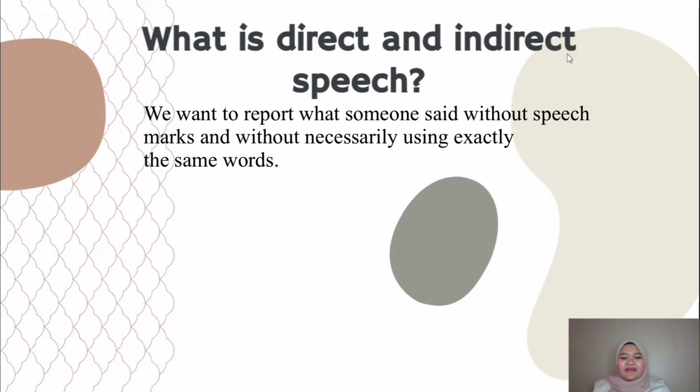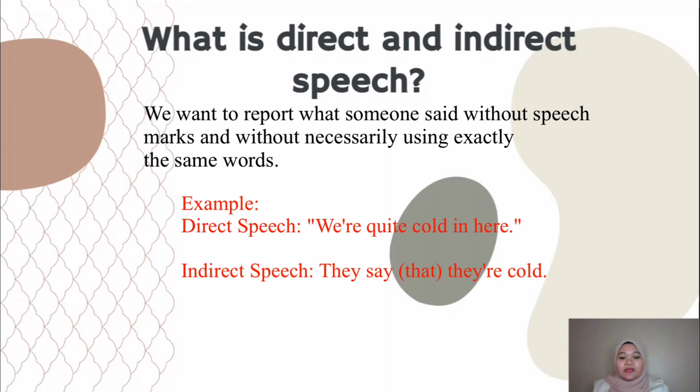However, in indirect speech, we want to report what someone said without speech marks and without necessarily using exactly the same words as what the person said. Okay, this indirect speech is known as reported speech. Example, in direct speech, we say, "We are quite cold in here."